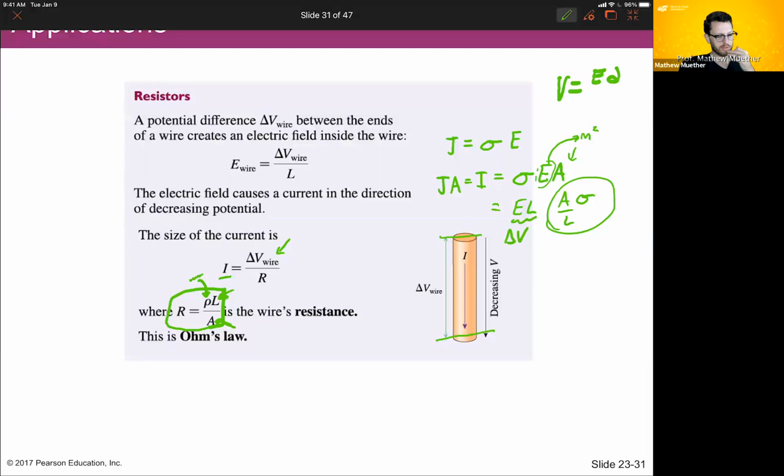So the longer the blockade, the more high-resistance material I have, the larger the resistance.